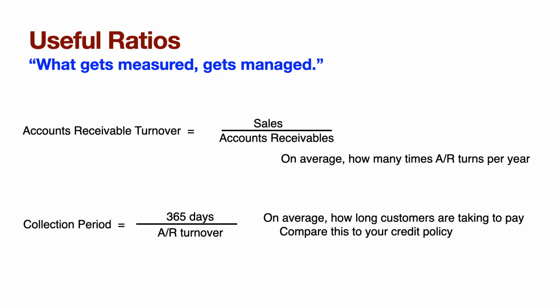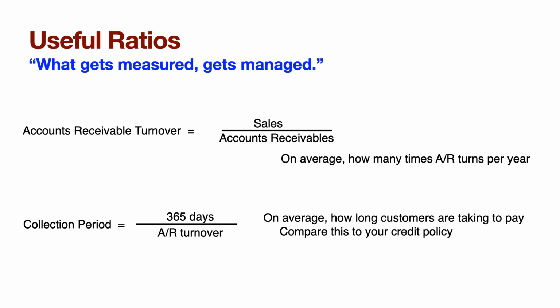For those of you that have inventory or not, even if you have a pure service business, but you have accounts receivable, you're giving people time to pay, it would be good to know how often that turns over. Again, you want that to be very quickly. You want people to pay when your credit policy says they should. If you give them 10 days, they should pay in 10 days or less.